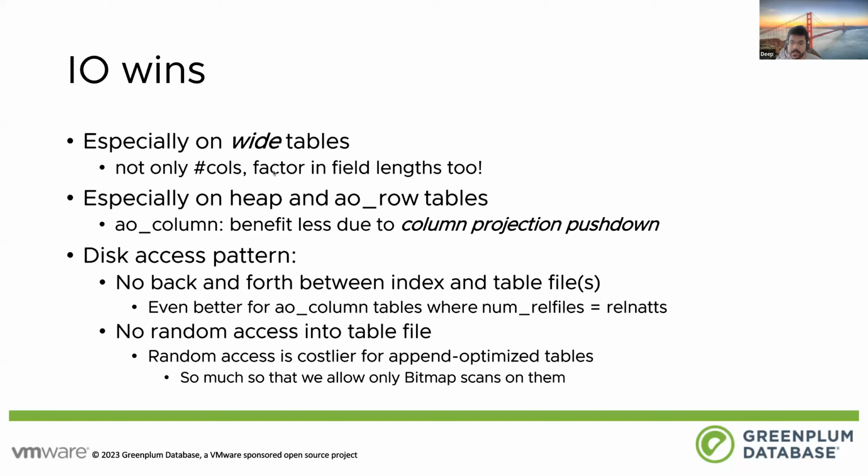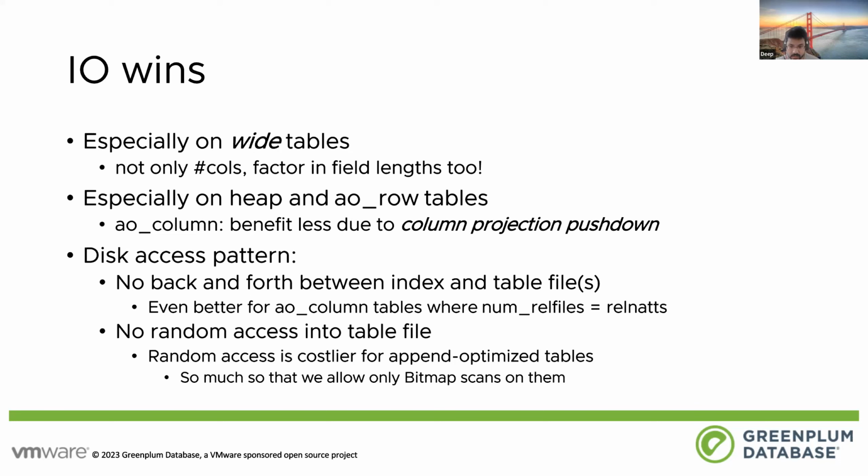Now, for heap and append-optimized row-oriented tables, this is going to be especially useful. Less so for column-oriented tables because we already have the column projection pushdown, which limits the amount of data that you have to scan from disk.